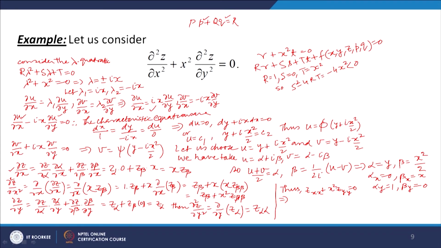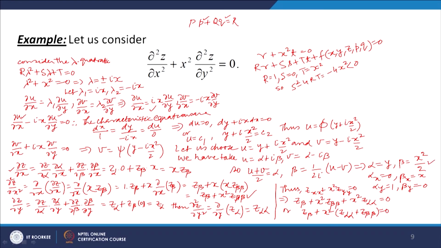So, z beta plus x square z beta beta plus x square times zyy. Zyy is z alpha alpha, equal to 0. Okay. Or z beta plus x square times z alpha alpha plus z beta beta equal to 0, and x square is equal to 2 beta.